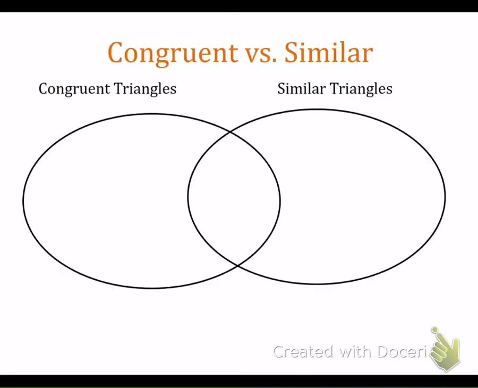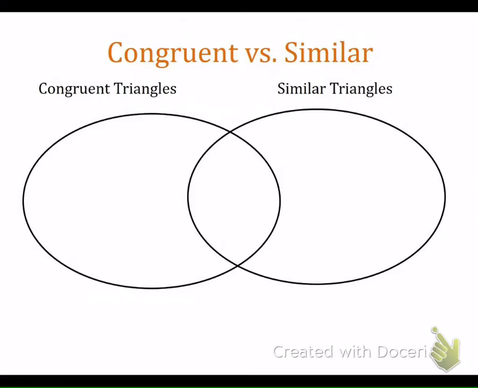So you might be saying, what's the difference? All right. So for triangles to be congruent, that's what we did last chapter. That's when all the sides are the same, all the angles are the same. Okay? Now, the angle part is true for similar triangles too.